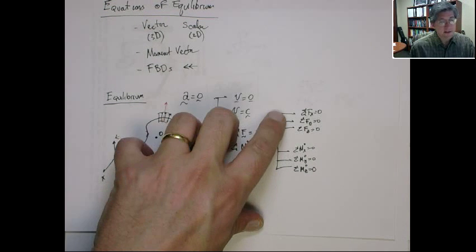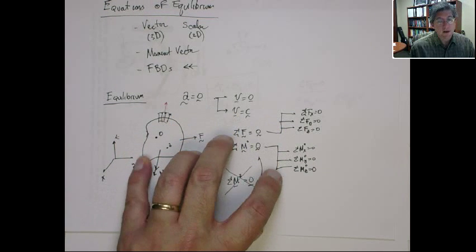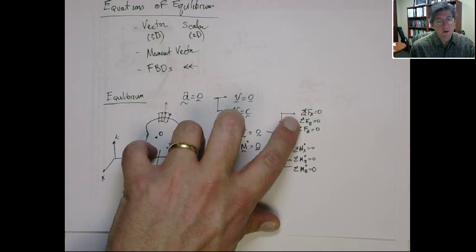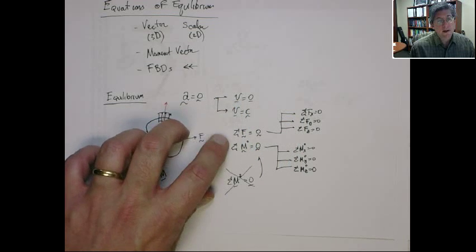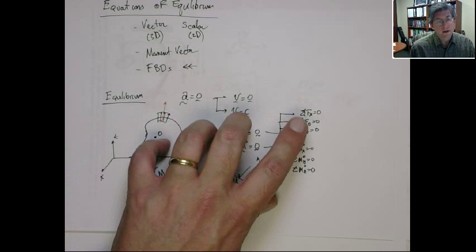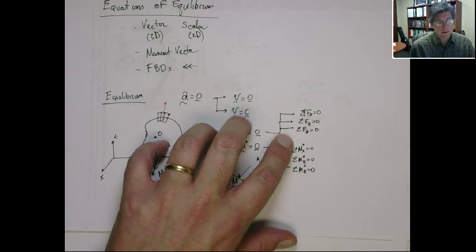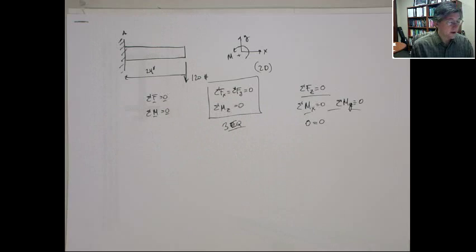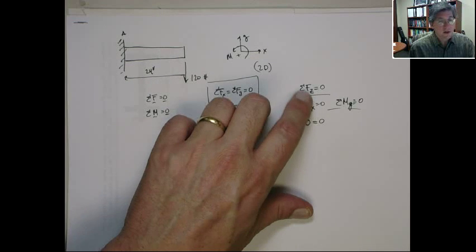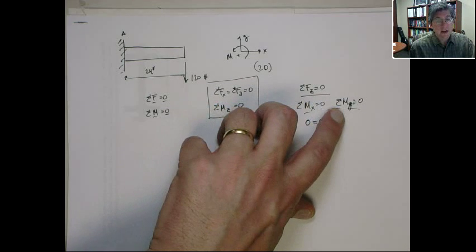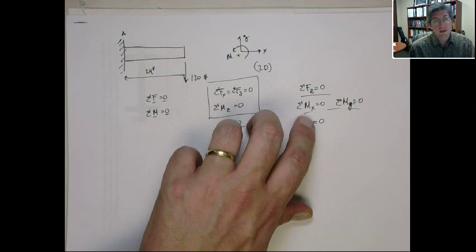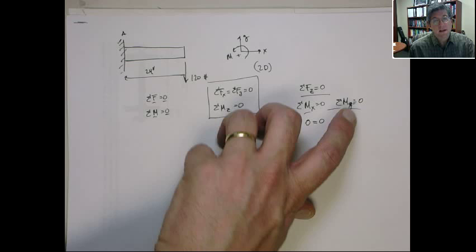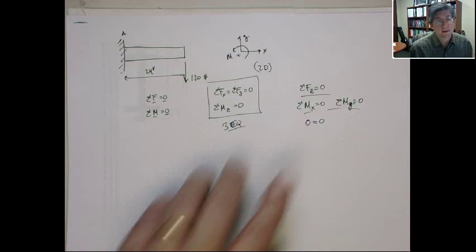Each one of those implies 3 scalar equations, right? So equilibrium is 2 vector equations, or 6 scalar equations. Now in this situation, 3 of those scalar equations are trivial: sum of forces in the z, sum of moments about the x-axis, and sum of moments about the y-axis.